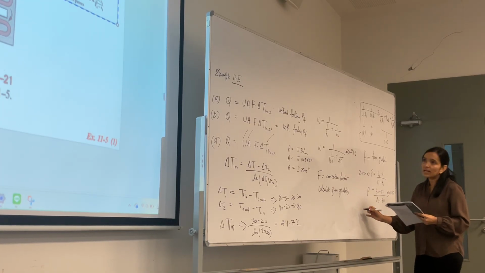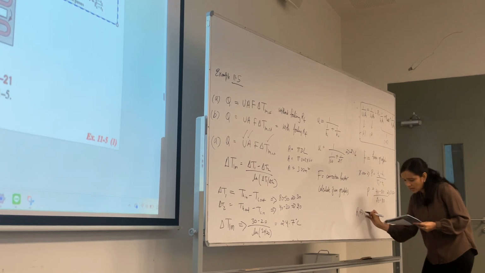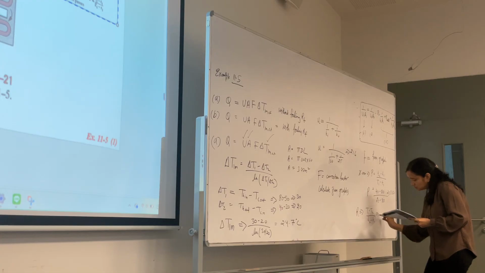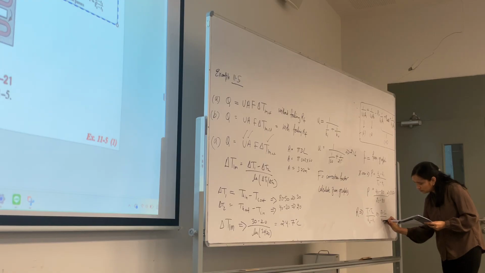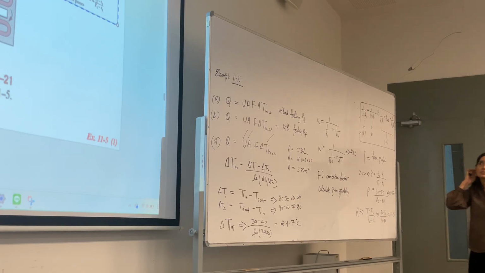The pink line is called R. R is T1 minus T2. Tell me the F and check if this is correct.